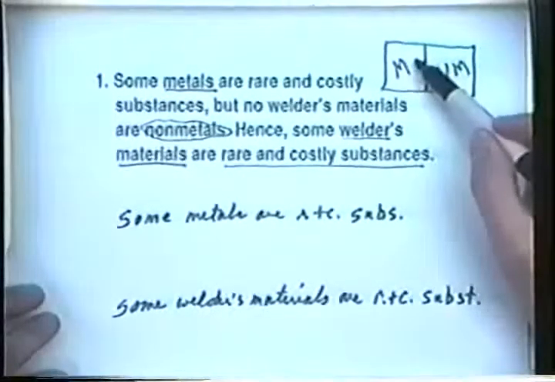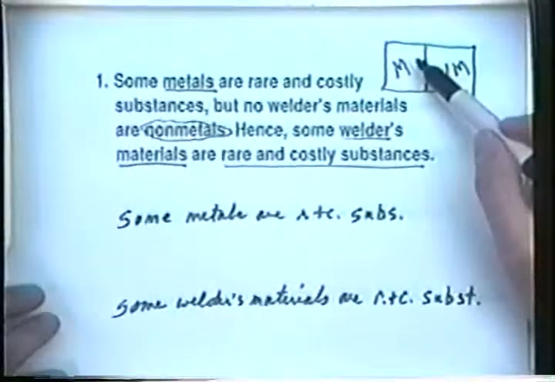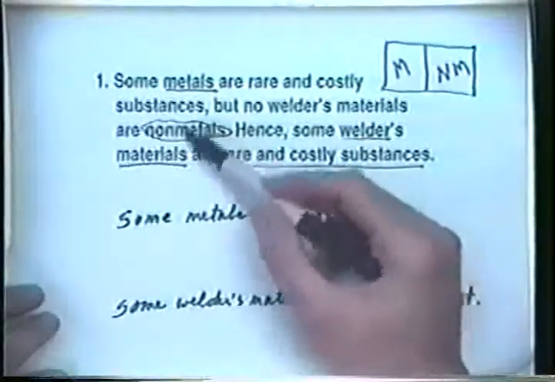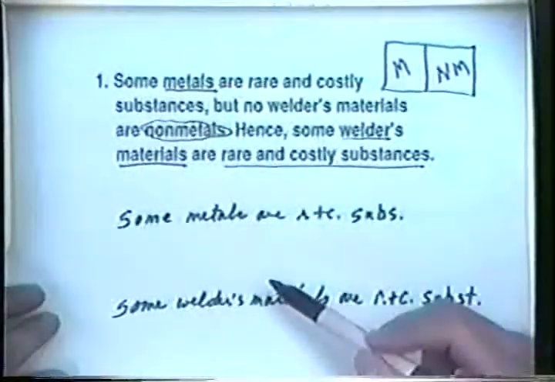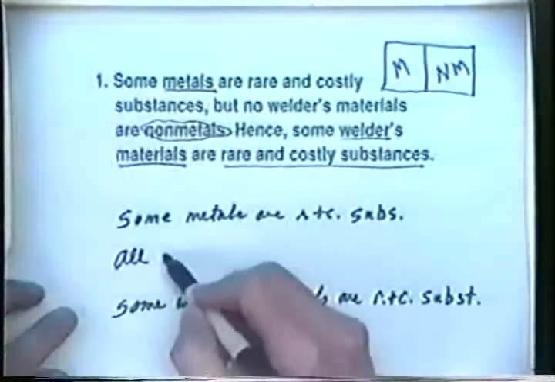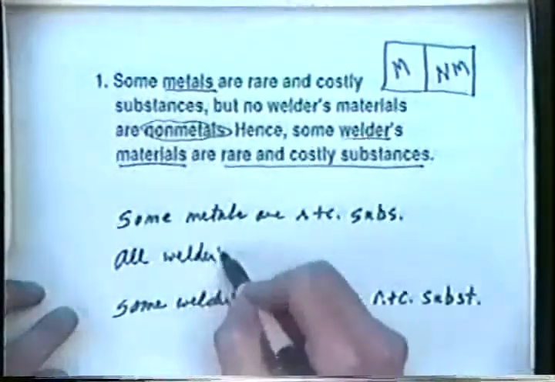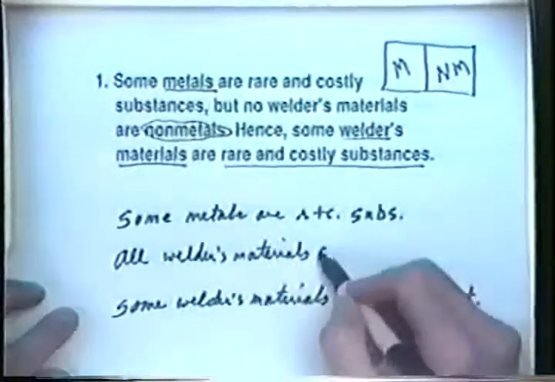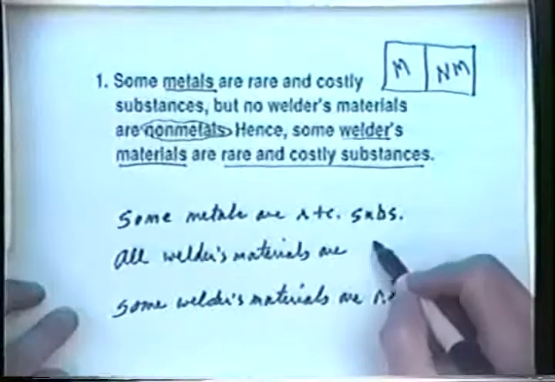And notice just by visualizing that, I've already said something that's equivalent to the second premise, namely, all welder's materials are metals. That would allow us to use metal instead of non-metal, thereby getting rid of the fourth term. So the answer is all welder's materials are metals.